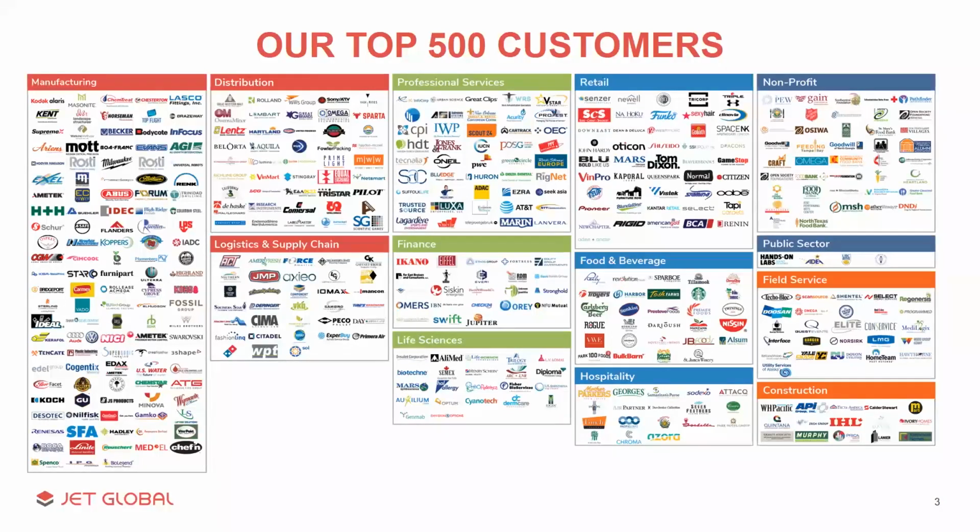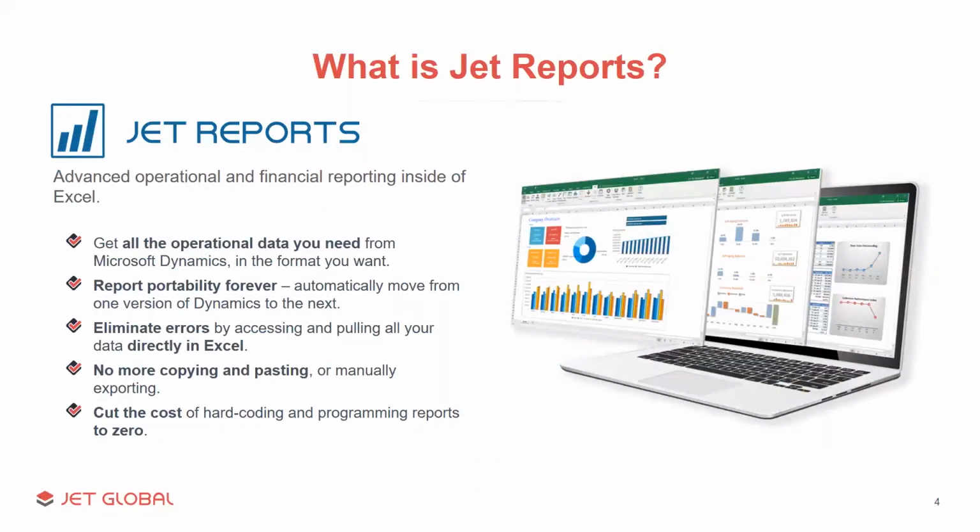We deliver this information into Excel, and Excel is the most widely used business application on the planet, and I think it will stay that way for quite some time. The good news for you being a Dynamics GP user is if you choose to use Jet Reports, or you're already using it or considering it, it is a one-stop shop for reporting.